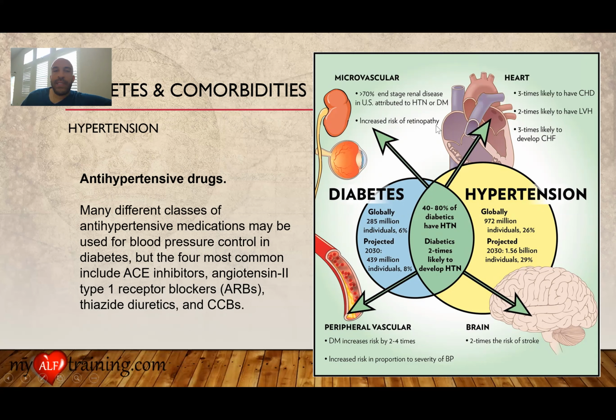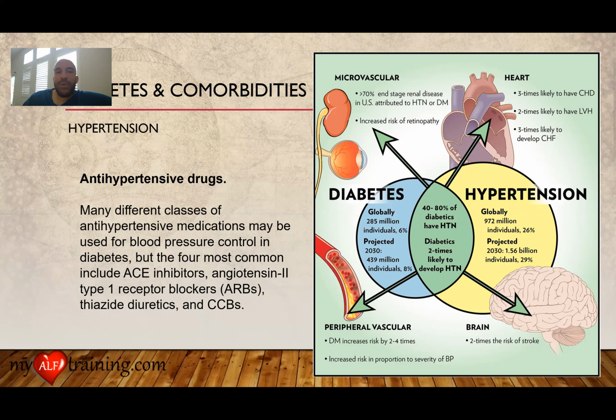But before we jump into that, I want to talk a bit about the antihypertensive drugs, because hypertension is the first challenge that's very prevalent amongst patients with diabetes that creates and maximizes the negative effects that are caused on the body by diabetes.